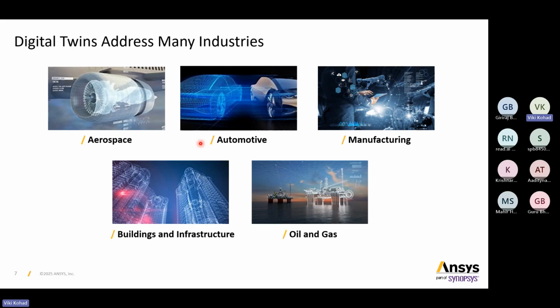For example, if there is a self-driving car, many times in electric vehicles the battery might catch fire. So those applications are there in automotive segments. And in manufacturing, to process and automate the product line of the manufacturing, the digital twin is very helpful, and likewise for building and infrastructure.